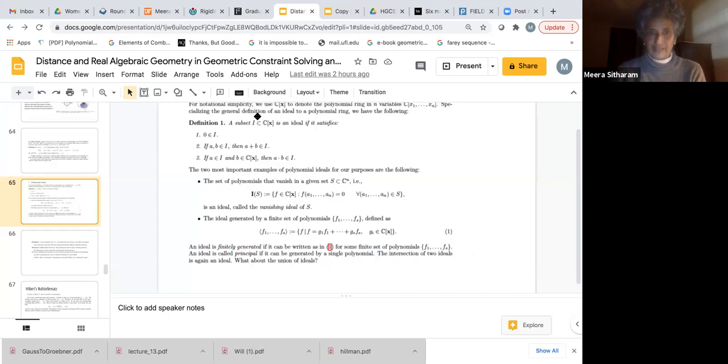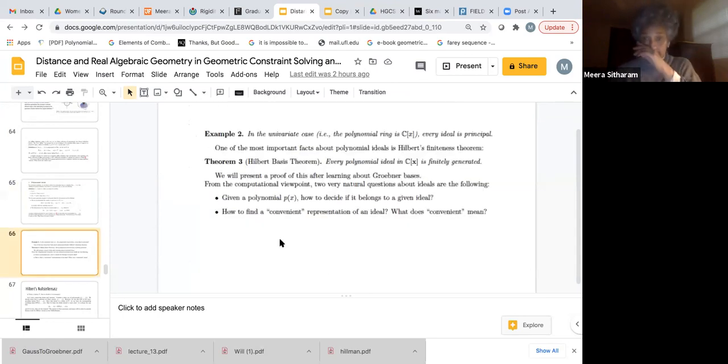So if you have an ideal, you can always write it down using a finite set of polynomials like this. Every polynomial ideal is finitely generated, and we are going to use Gröbner bases, which is one form of the generators of an ideal, and which makes it very convenient.